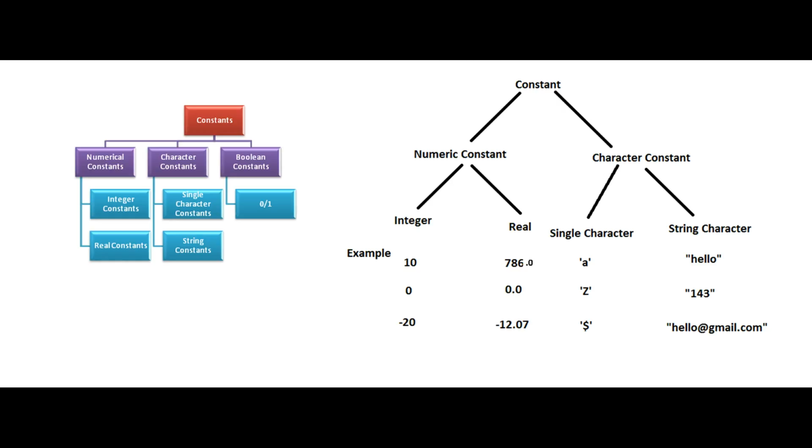Single character constants have their value in a single letter, as shown in the examples A, Z and the $ sign. These single character constants are enclosed in single quotes. String character constants are enclosed in double quotes, and a string character constant can contain more than one letter.